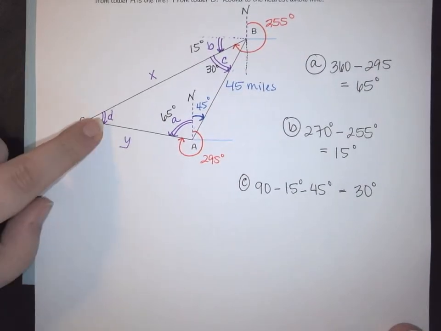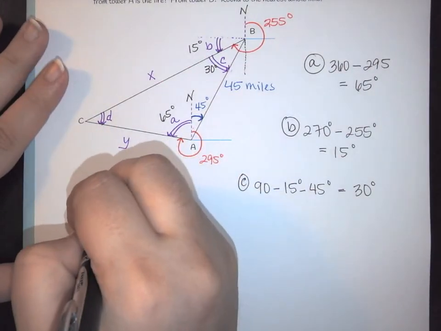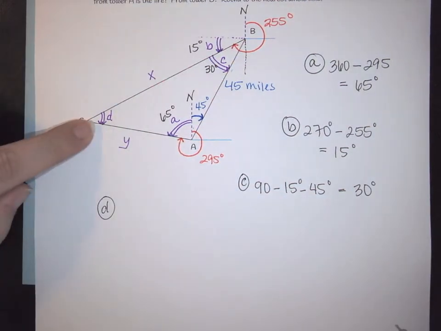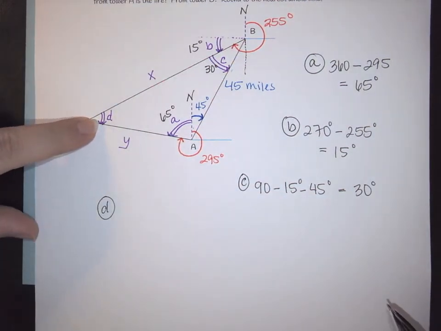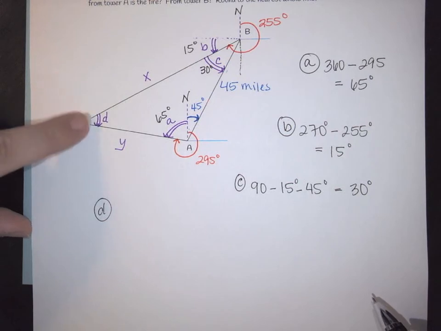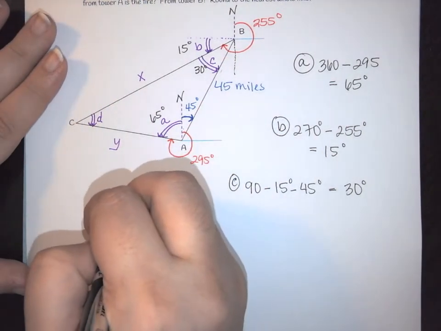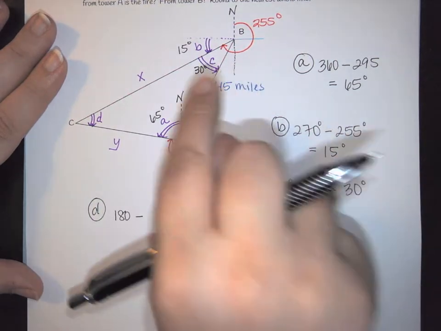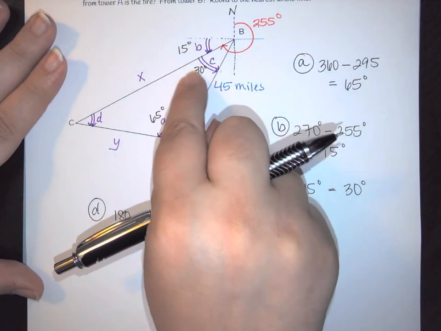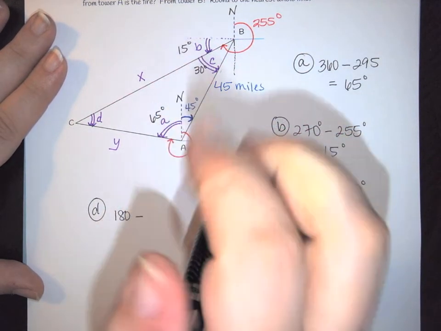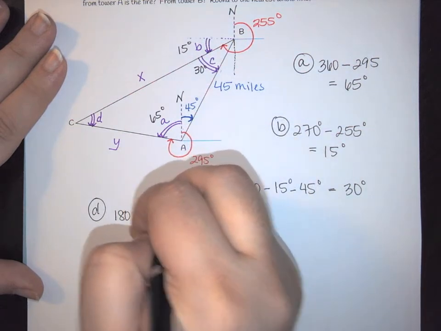Now to find D, D is going to use the sum of the angles of a triangle. So to find D, I have to take my 180. I know this piece of my triangle is angle C, so I subtract out my 30 degrees.